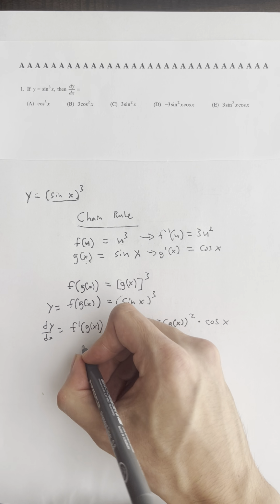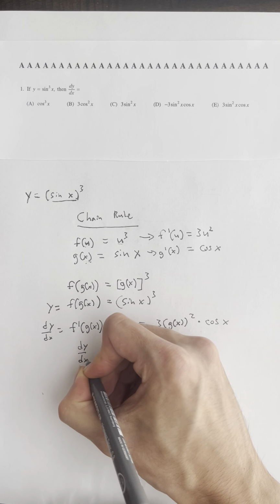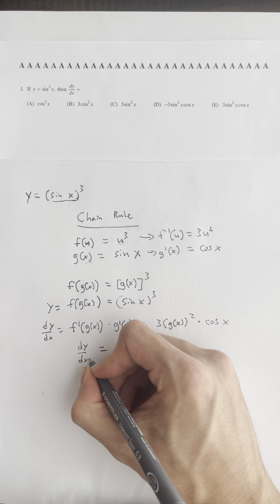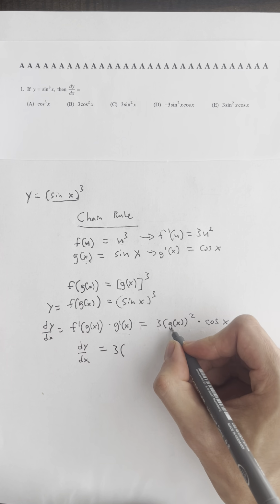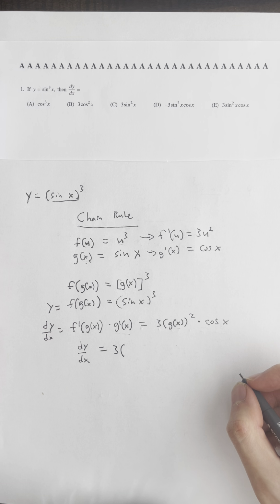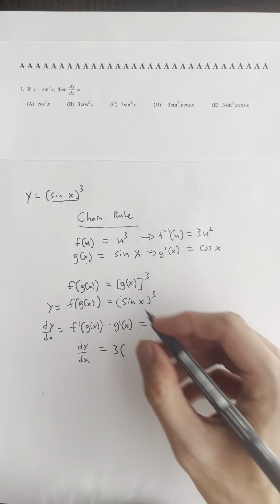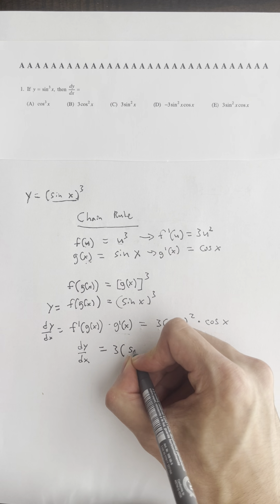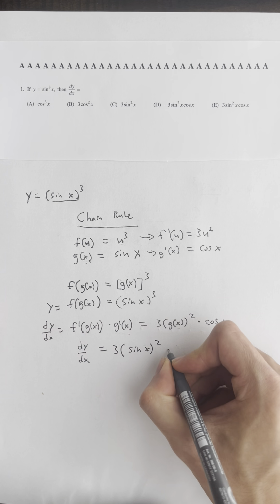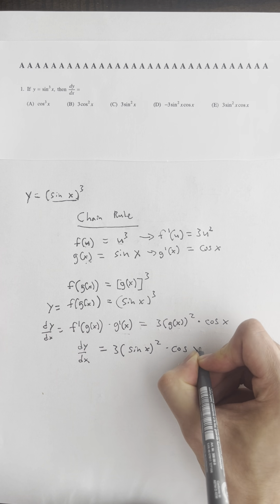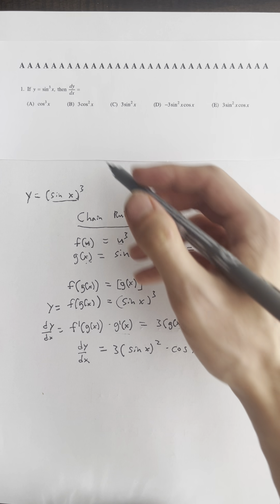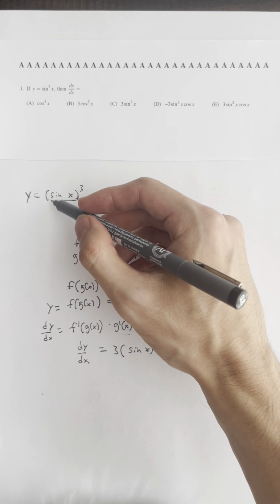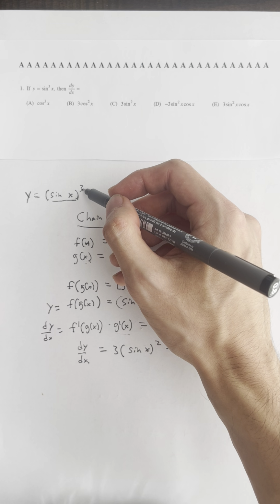Okay, so dy dx equals 3 times, what should I change this to? g of x is sine x, times cosine x. Okay, now remember, sine cubed x is the same thing as sine x to the power of 3.